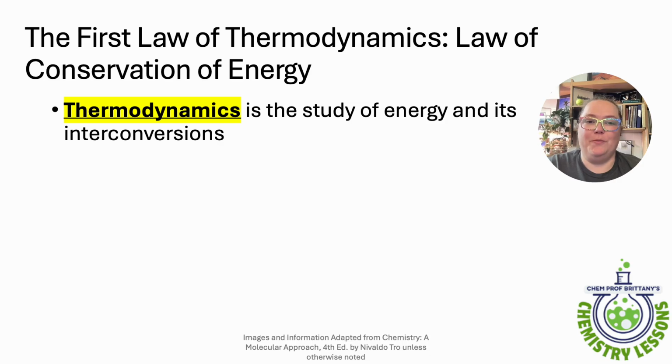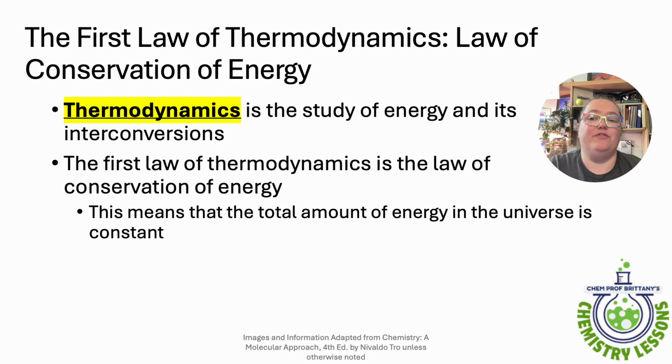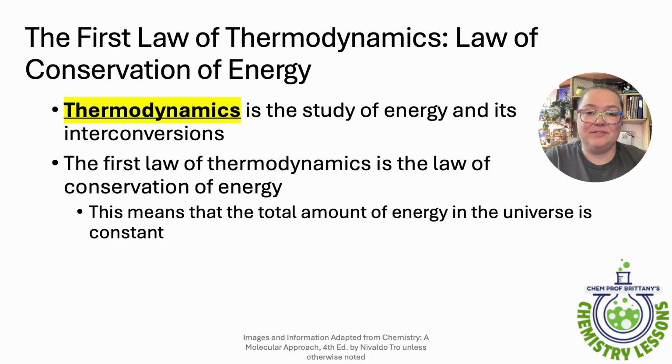So the first law of thermodynamics is the law of conservation of energy. First, we need to know what thermodynamics is. It's the study of energy and its interconversions, so between types of energy. The first law of thermodynamics is the law of conservation of energy, which means that the amount of energy in the universe is constant.